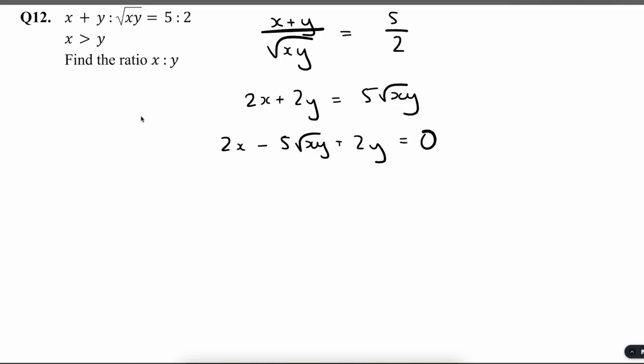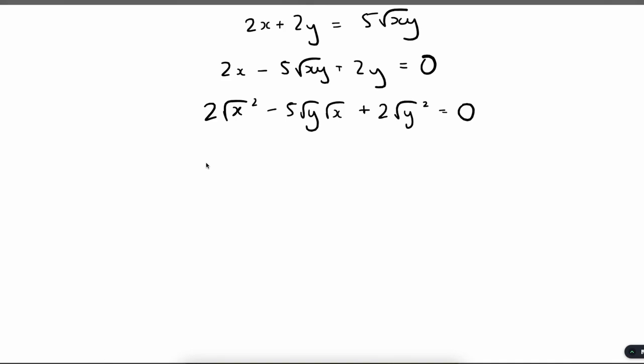Now, this is kind of difficult to see, but you can actually complete the square in this case, because this is root x squared minus 5 root y root x plus 2 root y squared. So if we write it like that, then we can complete the square. So let's divide by 2 first of all.